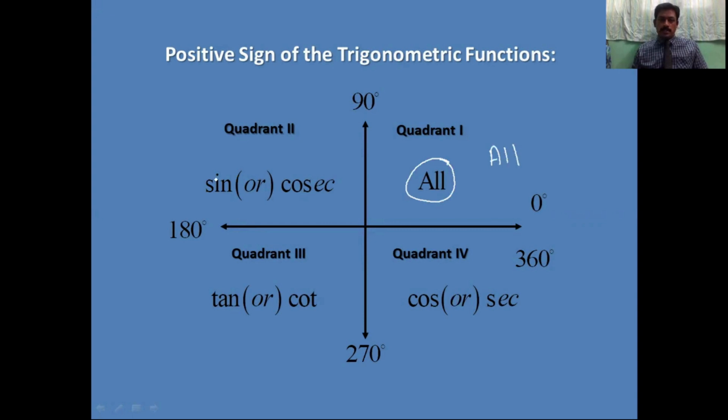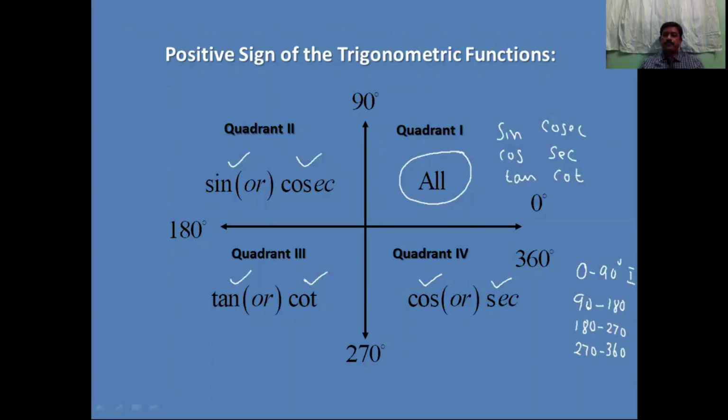For S, we should remember silver, for tan, we can remember it as T, and for cos, we can remember it as cups. So simply we can remember it as all silver T cups. This is the way we can remember the quadrants.